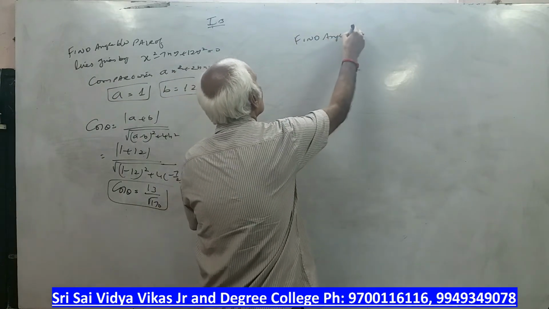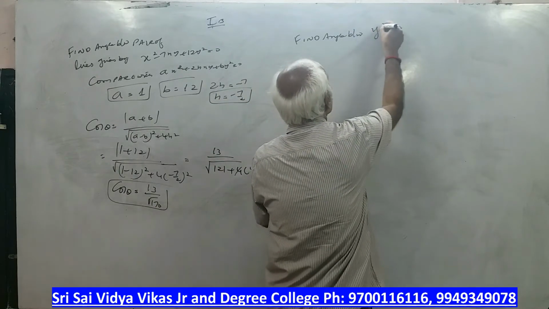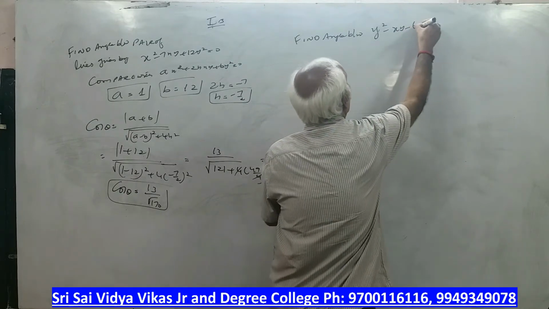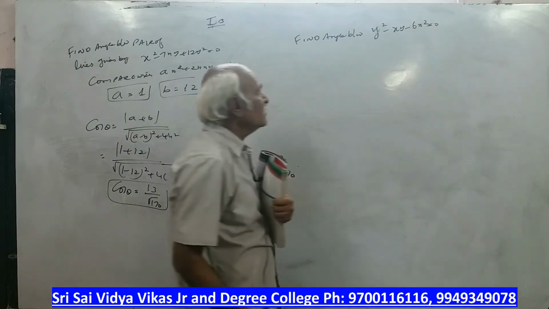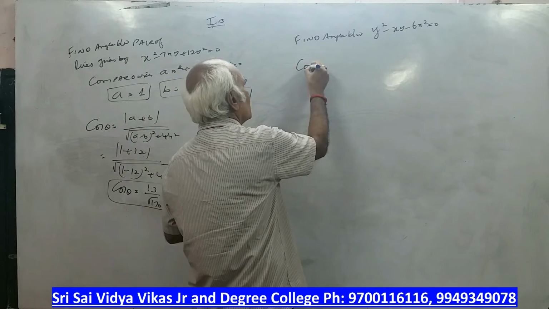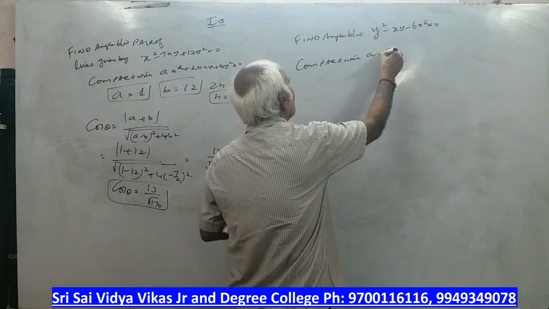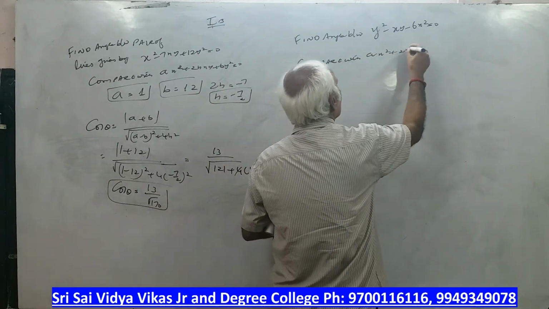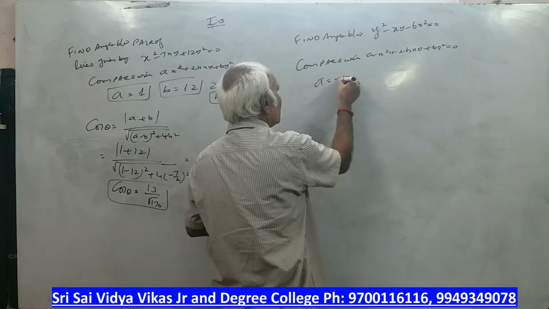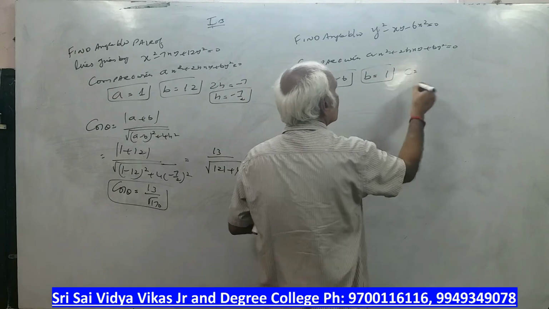So formula application again. Find the angle between the lines y square minus xy minus 6x square. So compare with ax square plus 2hxy plus by square is equal to 0. A is equal to minus 6, B is equal to 1, and 2h is equal to minus 1.